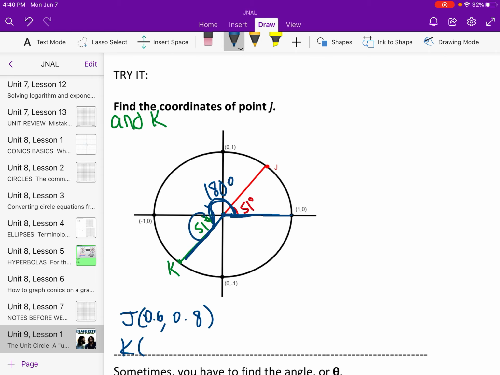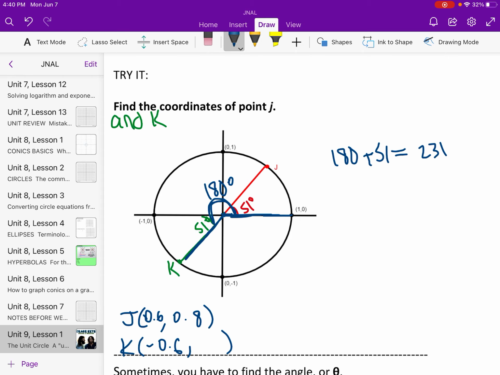But we also have the 51 degrees, so 180 plus 51 is 231 degrees. So that's what we plug in. So cosine of 231 is negative 0.6.